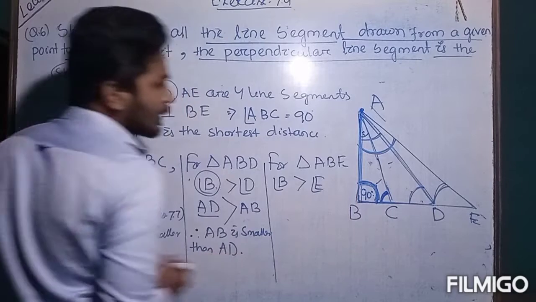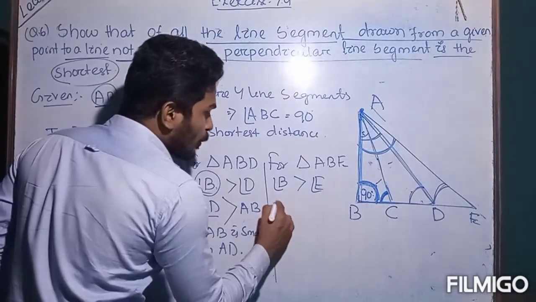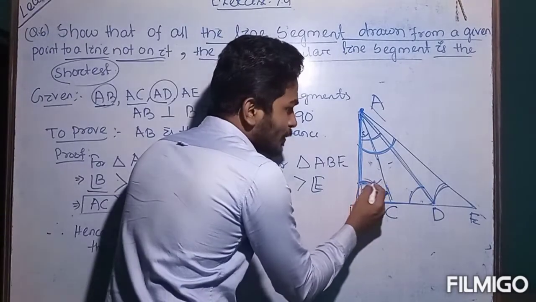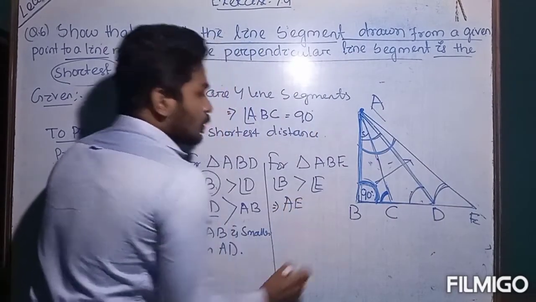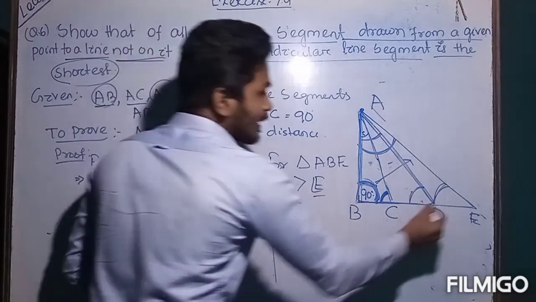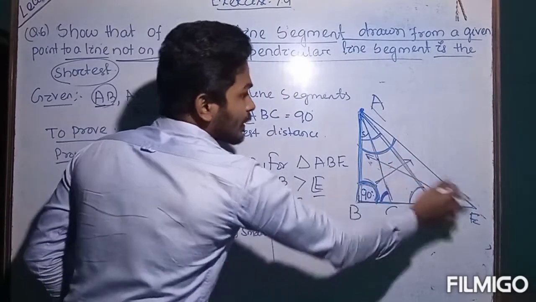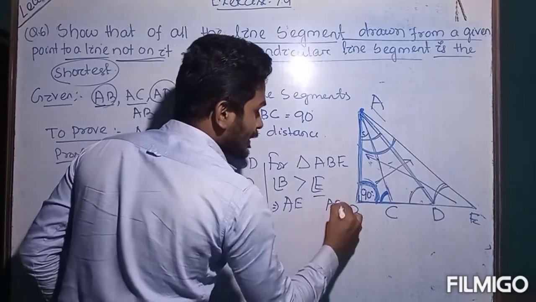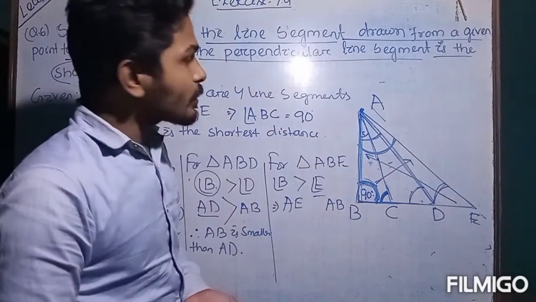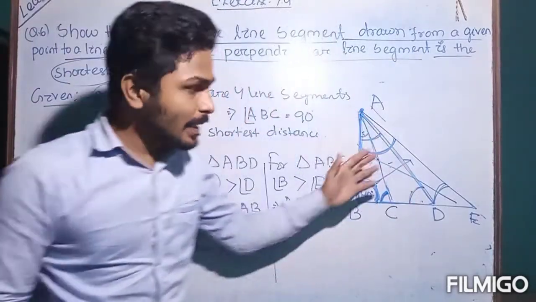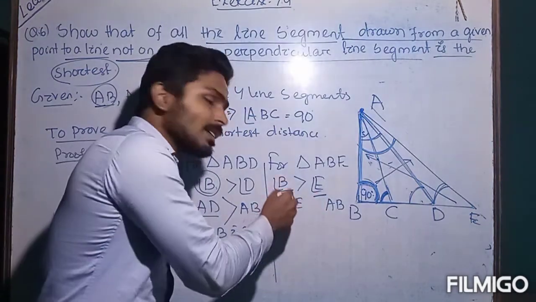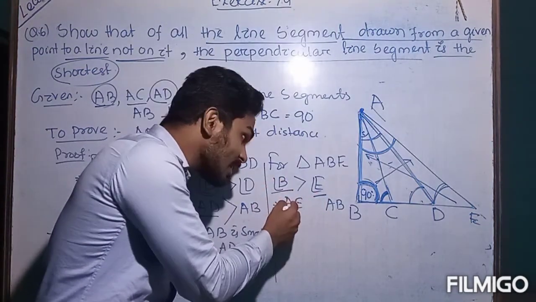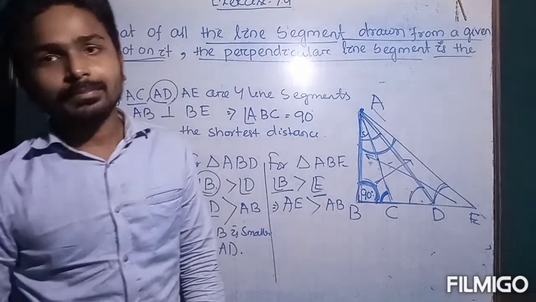Angle B. Okay. Then find the opposite side of angle B. Which one is the opposite side of angle B? This one, AE. Which one is the opposite side of angle E? This one, side AB. Understood? So according to theorem 7.7, if in a triangle two angles are unequal, then the side opposite to the larger angle is longer.